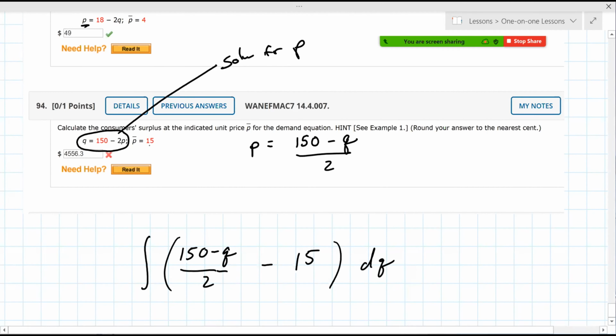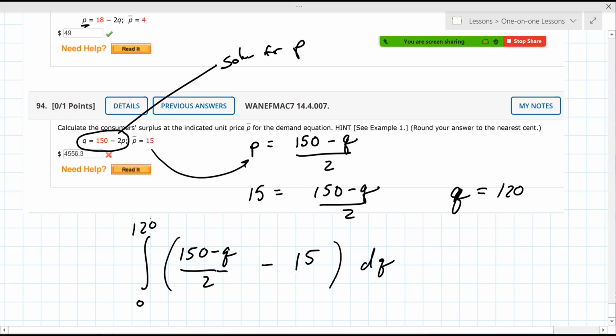So you substitute that in. You get 15 equals 150 minus q over 2. And you end up finding that q is exactly 120. So that's how you get the upper bound. And once you have all this, if you can enter it into your calculator correctly, you can get the answer this way. It says to the nearest cent, so that's another indicator that it's a calculator problem.